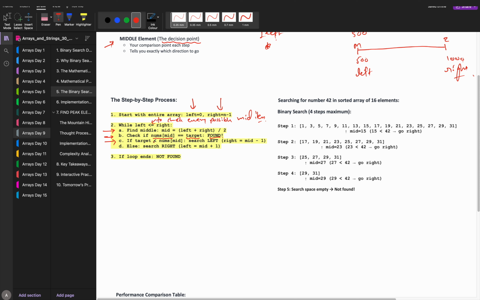Otherwise, if the target is smaller than the item at the middle, then you need to search in the left. Search left means discard the right hand side. Discarding means nothing, it's just that you need to update the boundary.